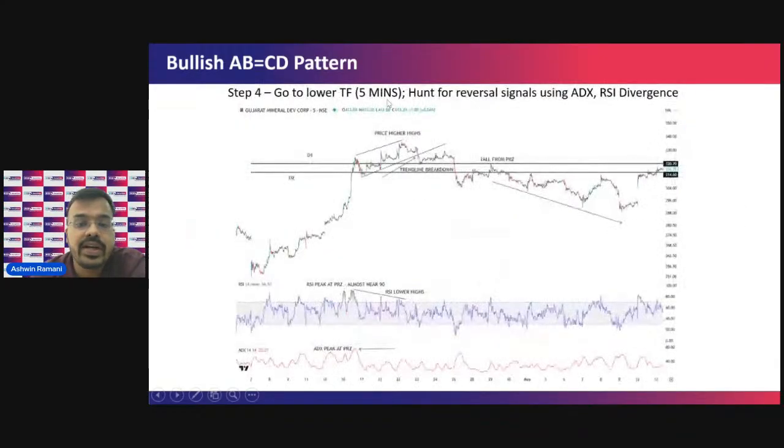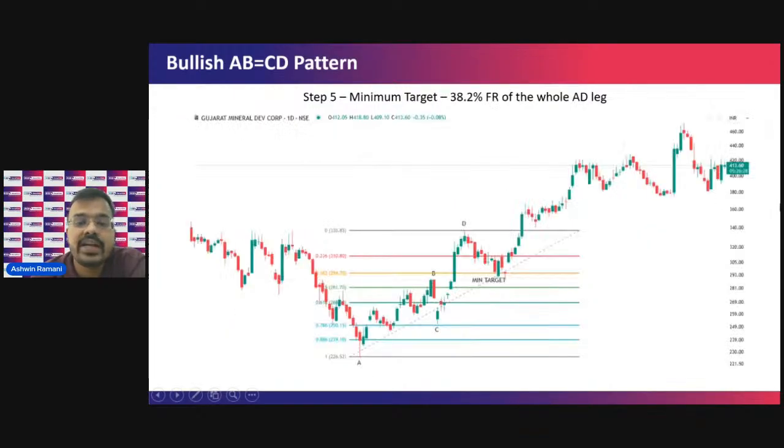So if you have shorted around this level, which is around 325, 320, your exit would be somewhere around 294 levels, which is where the 38.2% Fibonacci retracement is placed. तो अब जैसे ही 38.2 आ गया, आप वहां से एग्जिट कर दोगे आपका पोजीशन को. So this is how you use harmonic patterns, guys.